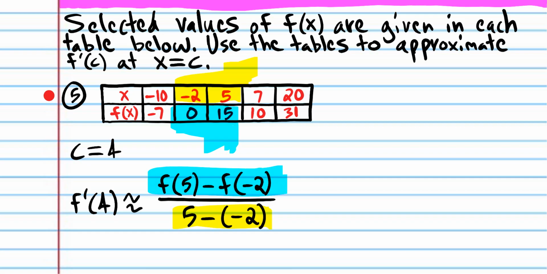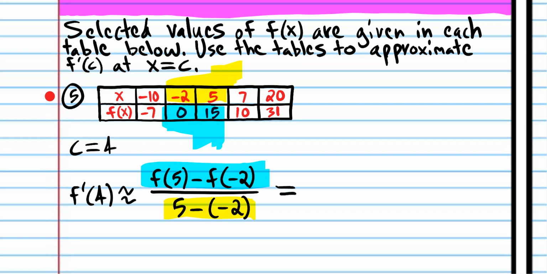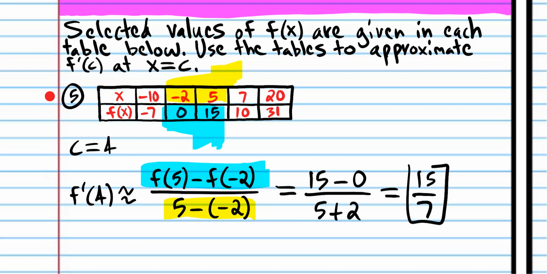So that's where I got those numbers. So f of 5 is 15, and f of -2 is 0. And then we have 5 plus 2, and we get 15 over 7. And that's the answer.